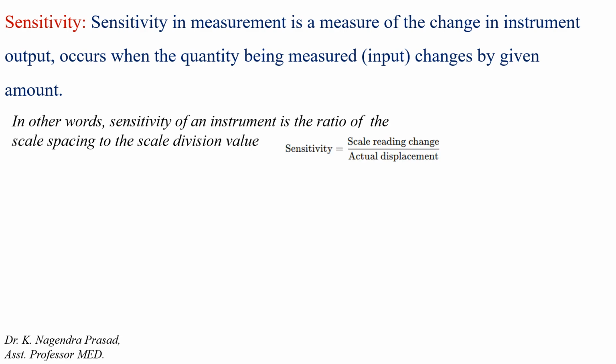In other words, sensitivity of an instrument is the ratio of the scale spacing to the scale division value. So, sensitivity is the ratio of scale reading change divided by actual displacement.